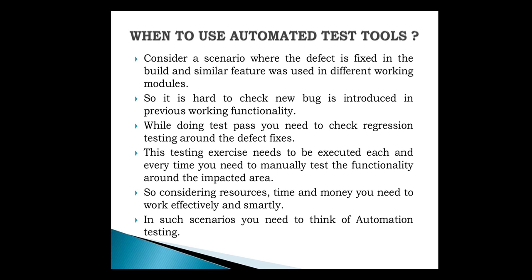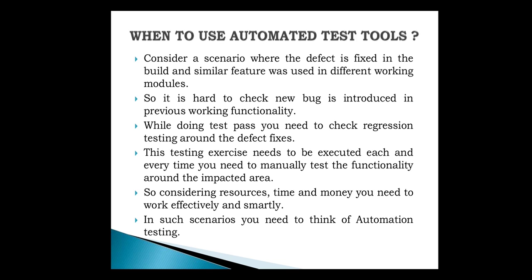While doing the test pass, you need to check the regression testing around the defect fixes. When you fix a particular defect from a particular module, you need to perform regression testing for the dependent modules also. Okay, so there you can use the automation test tool. This testing exercise needs to be executed each and every time you need to manually test the functionality around the impacted areas.